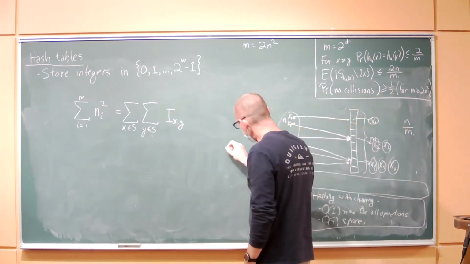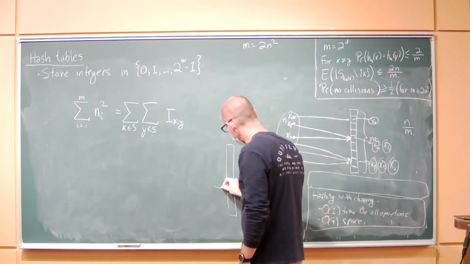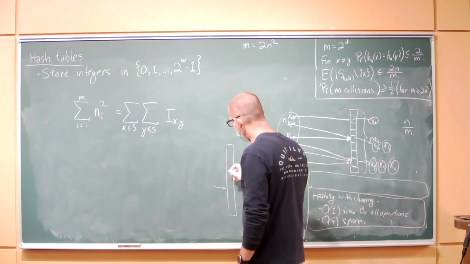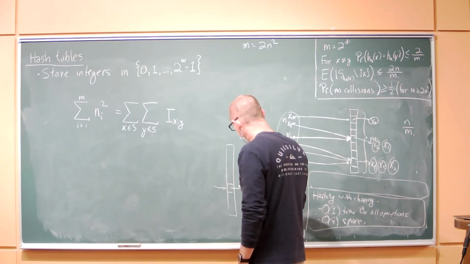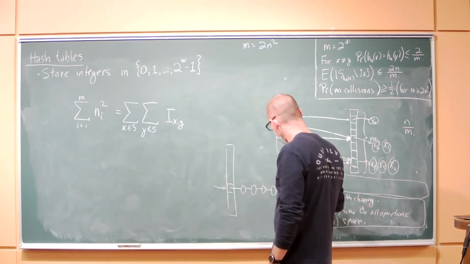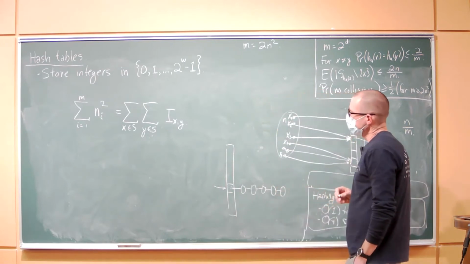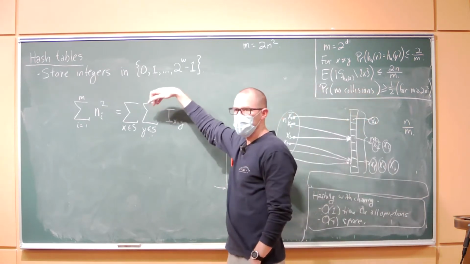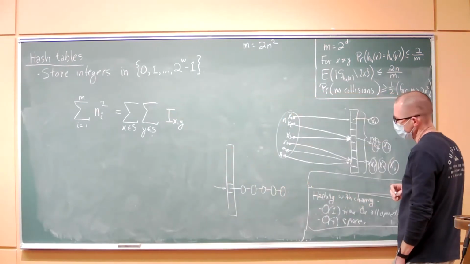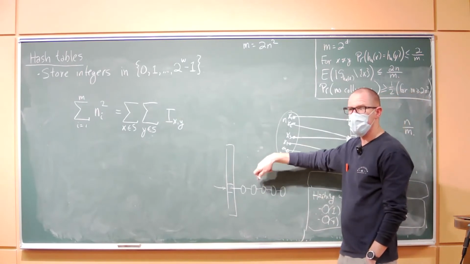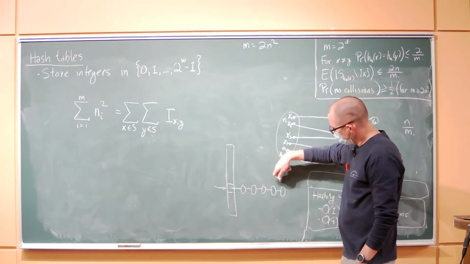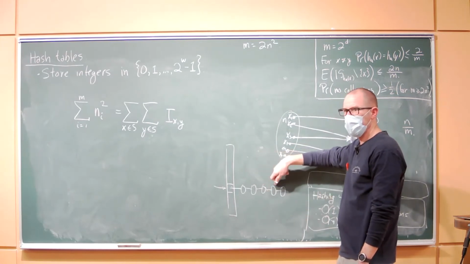Let's say I go to some table slot, and there's a bunch of things in that table slot. Now, this sum goes over all pairs of things in my whole set, and in particular it goes over all pairs of things in this table slot. And for these, the answer is 1. They're both in the same table slot.